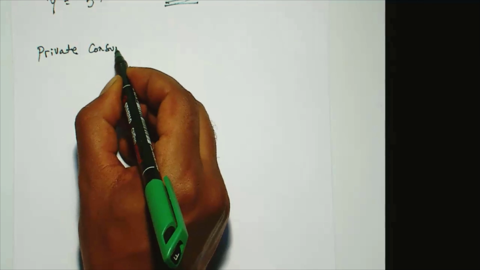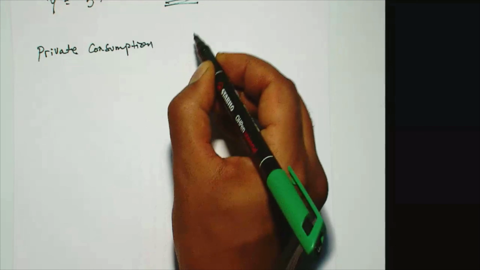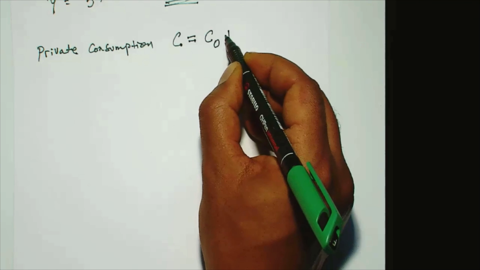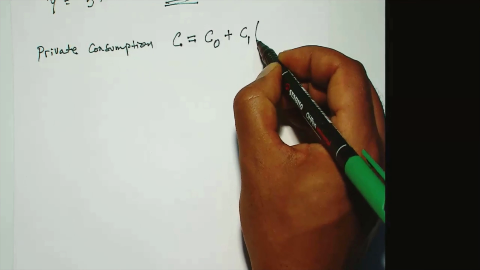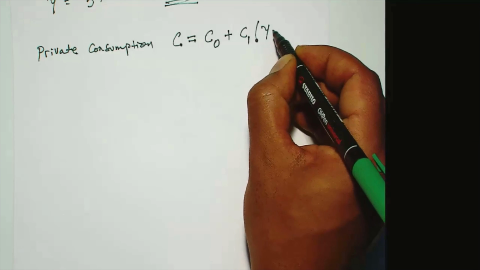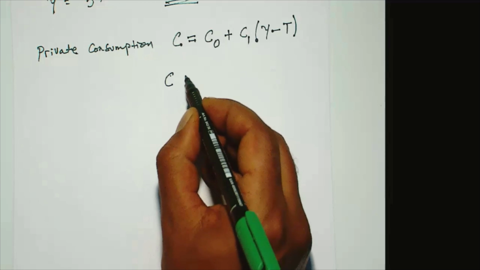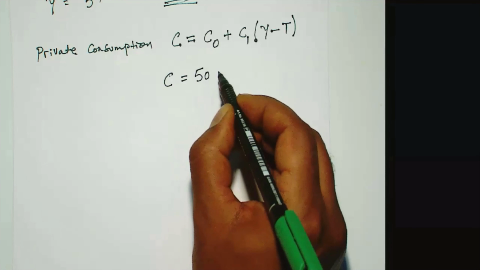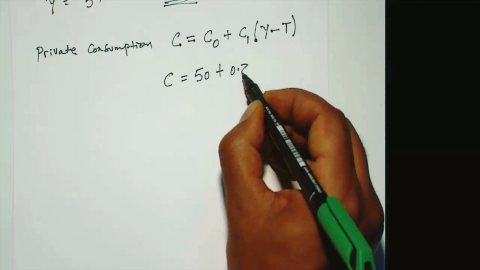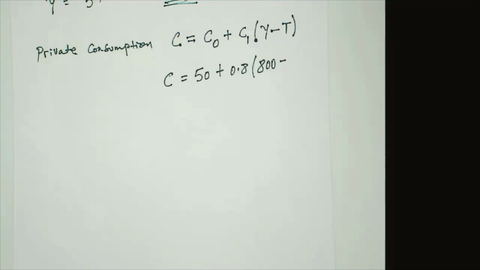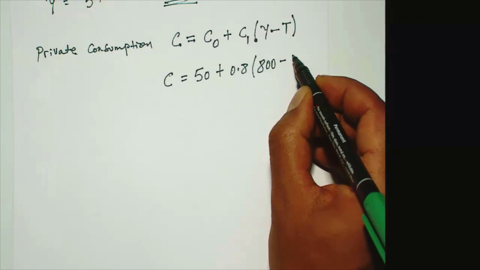Again, we would first calculate private consumption, which is given by the formula: private consumption is equal to autonomous consumption plus marginal propensity to consume multiplied by my disposable income, which is Y minus T. When I plug in my values, plus 0.8, here we have an income of 800, and our tax in our case is 50.